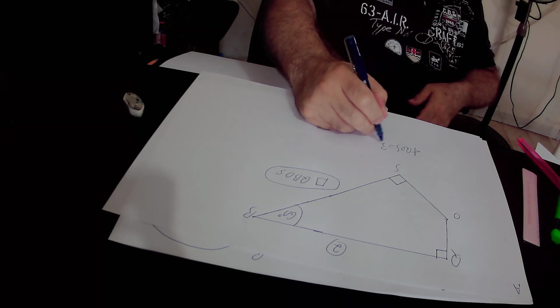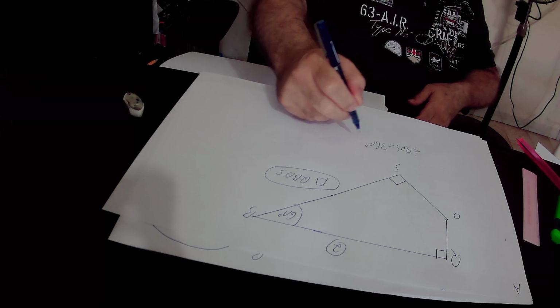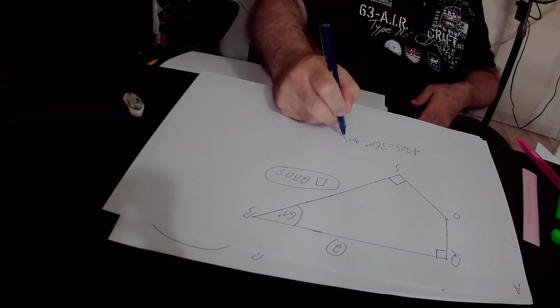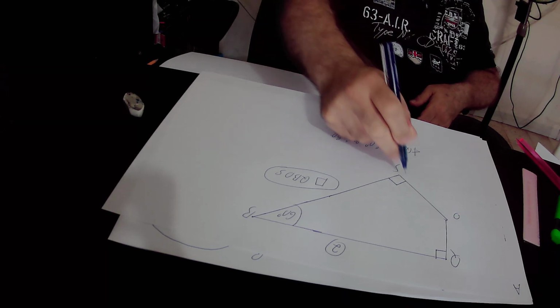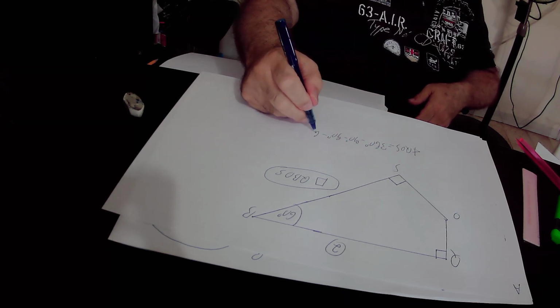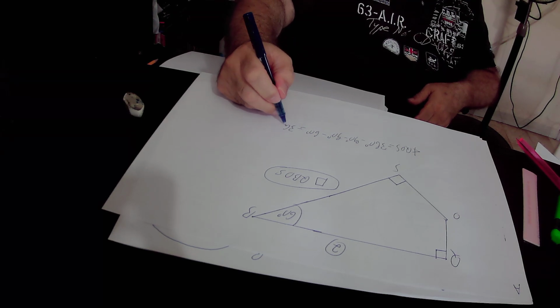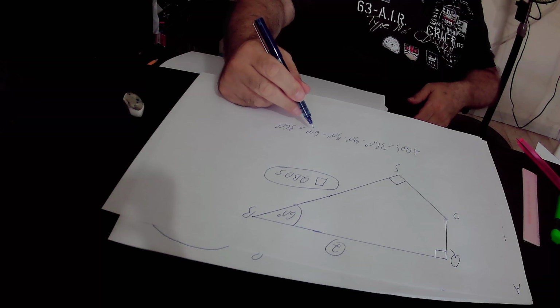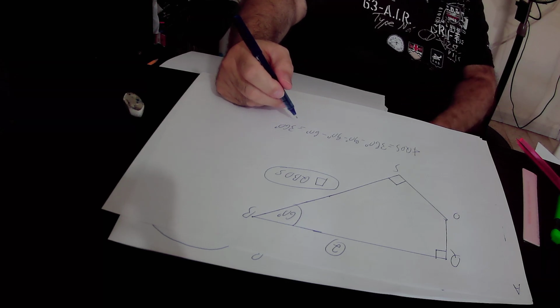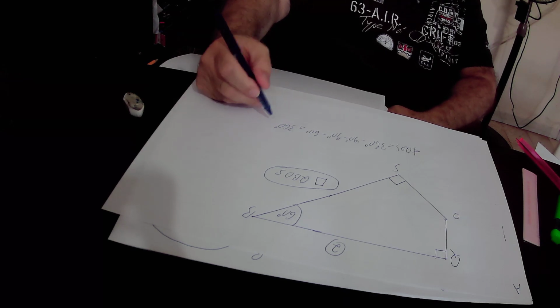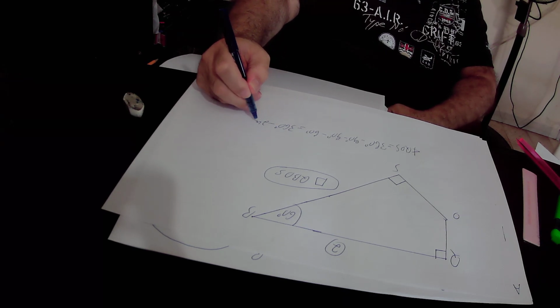must be equal to 360 degrees minus 90 degrees minus 90 degrees minus 60 degrees. That is to say, it is equal to 360 degrees minus 90 degrees minus 90 degrees is minus 180 degrees, and minus 180 degrees minus 60 degrees is minus 240 degrees.